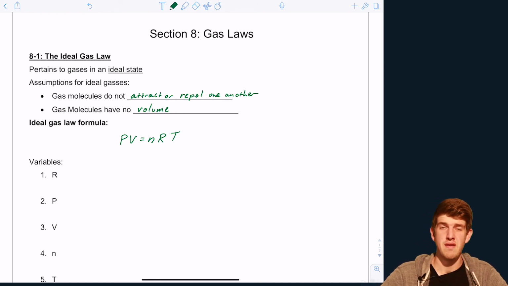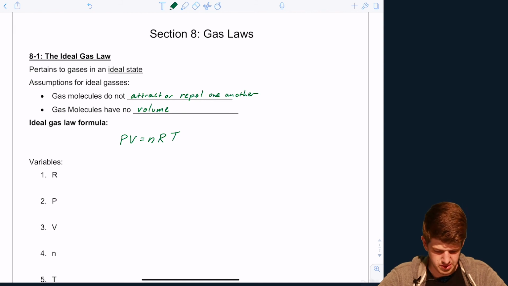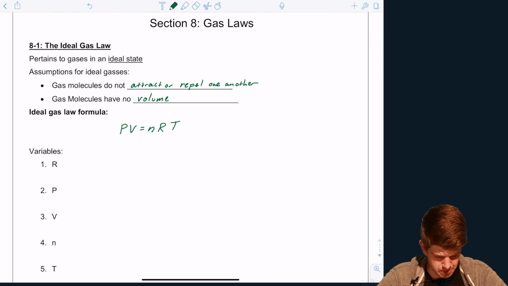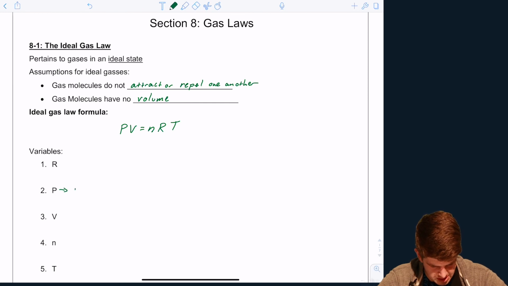So there are 5 variables for the ideal gas law, and we'll just talk about each variable, the units you need to know, and what each one really represents. We'll talk about R last for a specific reason, but the first one will just be the variable P, and P is just for pressure, which should be in atmospheres.